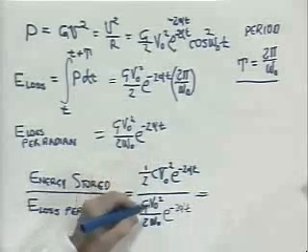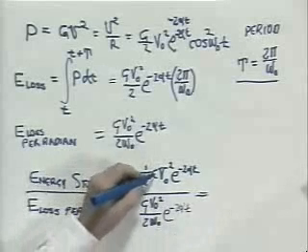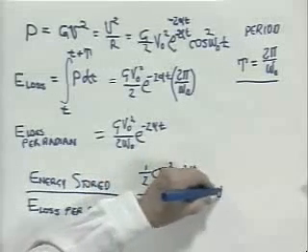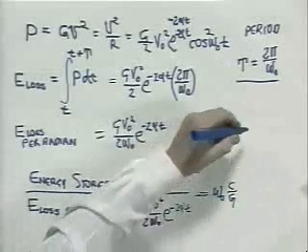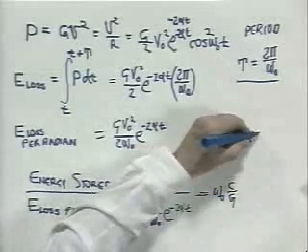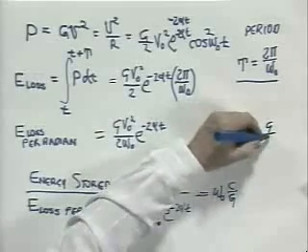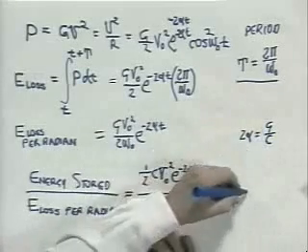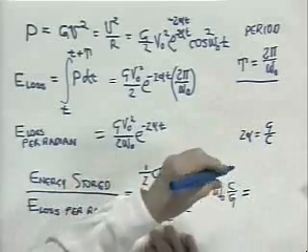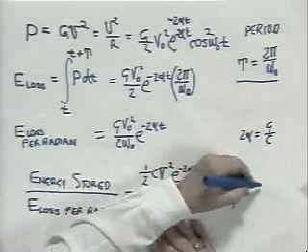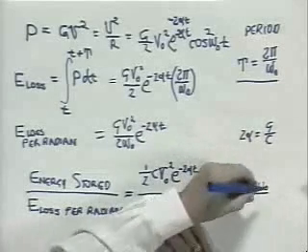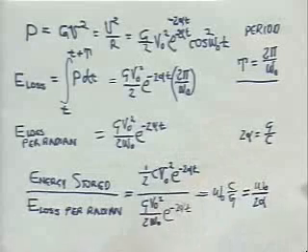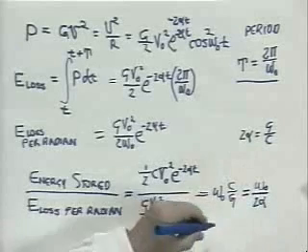I'm left with omega naught comes up in the numerator, omega naught C over G. But we defined 2 alpha as G over C. So this ratio is just omega naught divided by 2 alpha, dependent just on the undamped natural frequency and the damping factor.